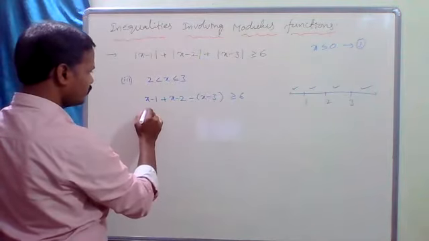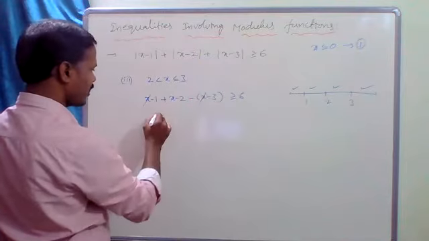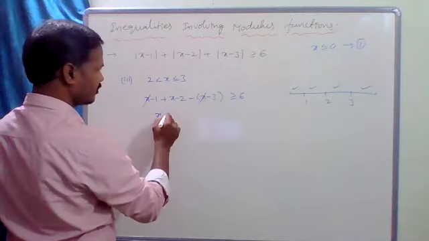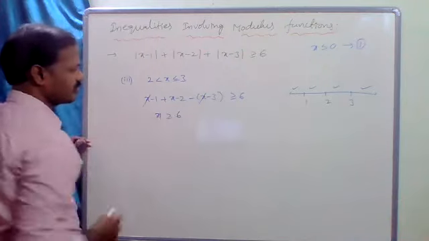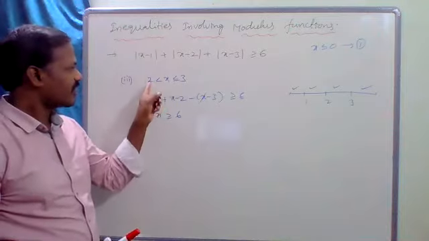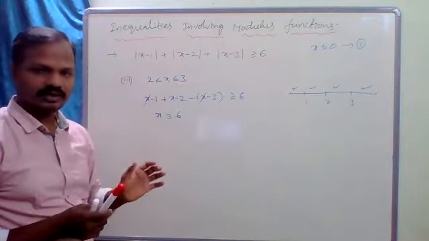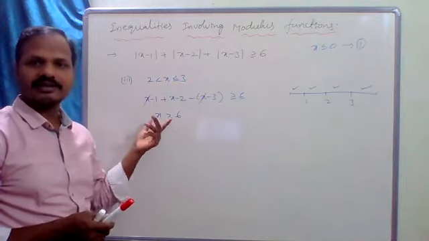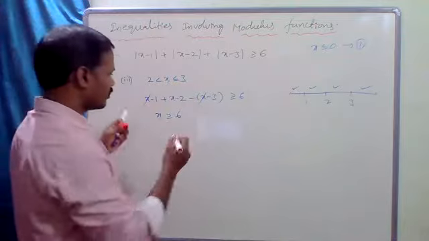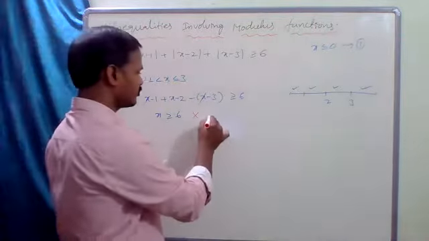So x will be cancelled, minus 1 minus 2 minus 3 plus 3 cancel. X greater than or equal to 6. But what is our x? Our x lies between 2 and 3. But what we get? X greater than or equal to 6. Is it possible? No. So here also no solution.